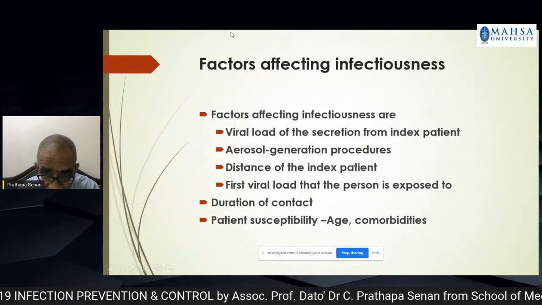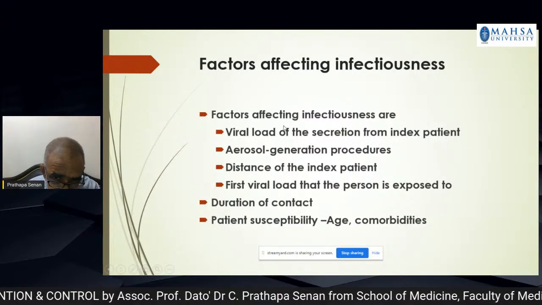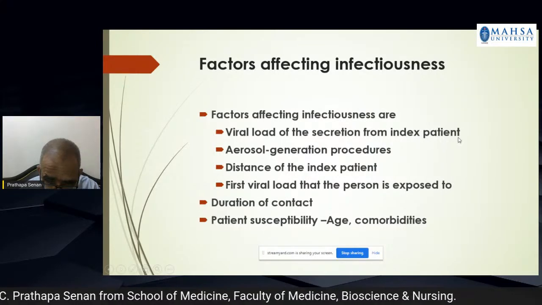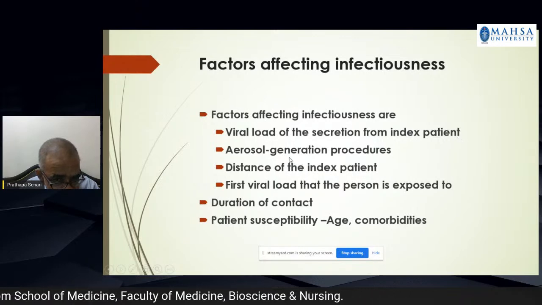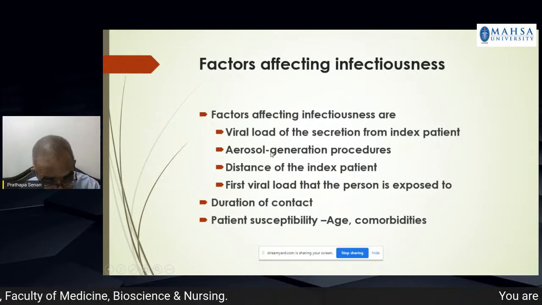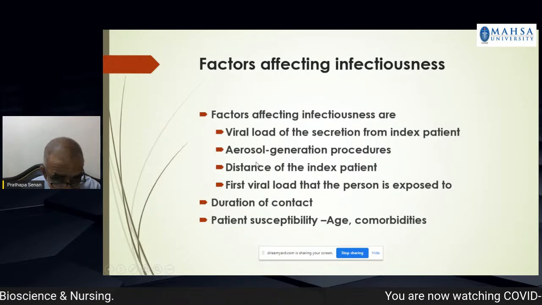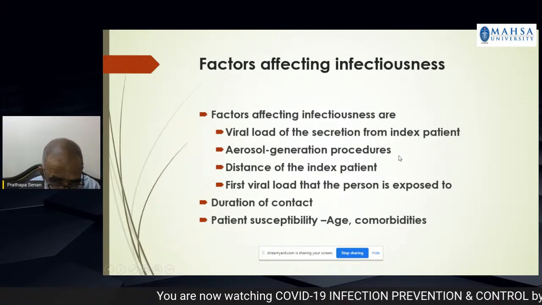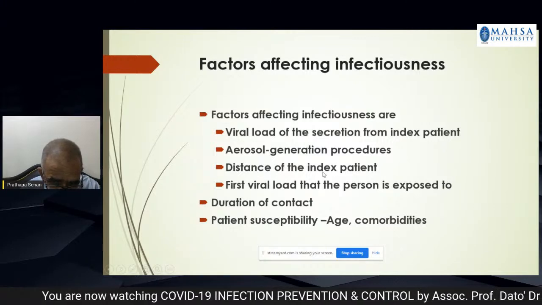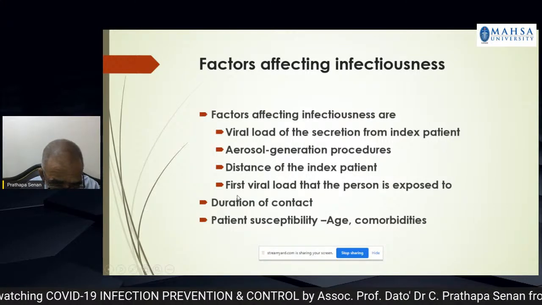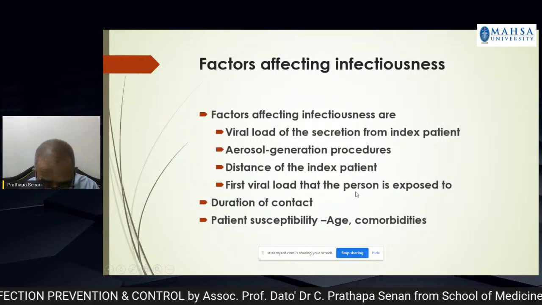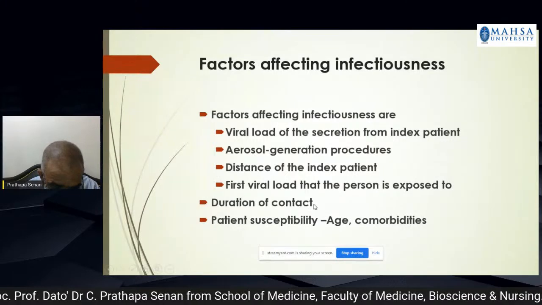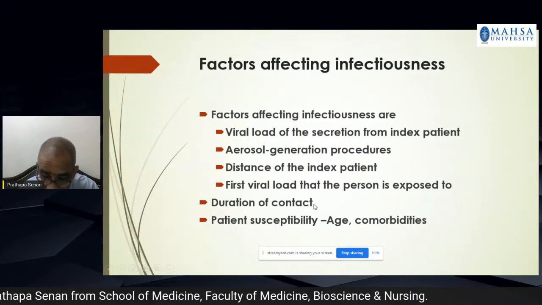Factors affecting infectiousness are the viral load of the secretion from the index person, whether he's spewing out a lot of virus when he coughs or talks or sings, aerosol generation processes, distance of the index patient, first viral load that the person is exposed to, and duration of contact, if you are going to stay with the person overnight.